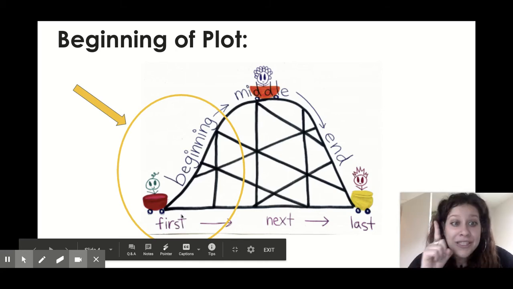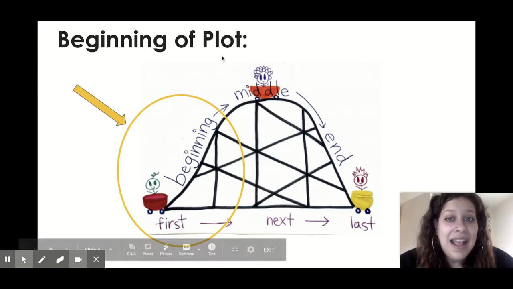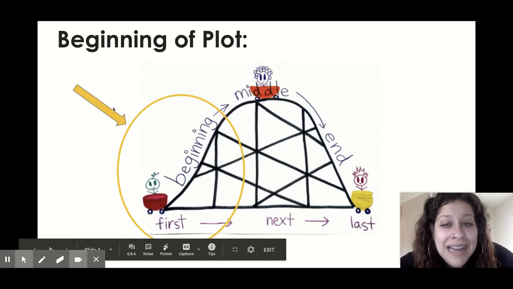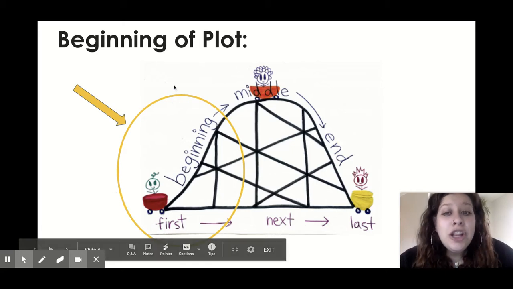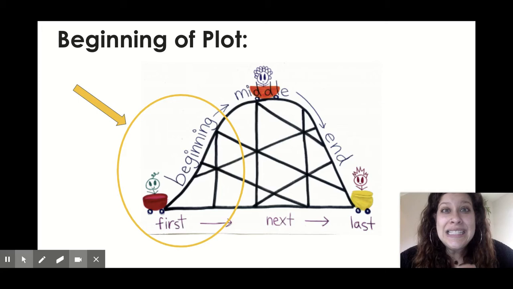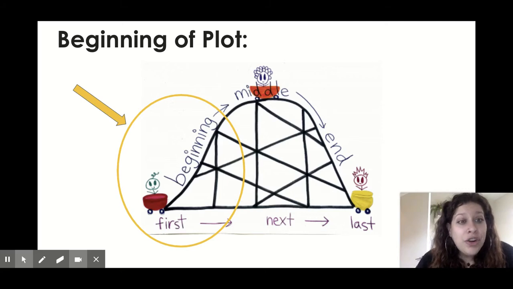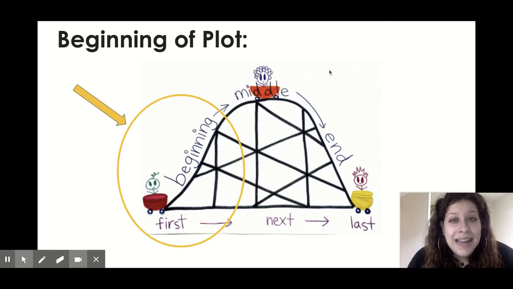They have a part that happens first, a part that happens next, and then the part that happens last at the end. And this week we are focusing on the beginning. So we learned that a beginning is where we introduce the characters, the setting, and maybe a problem. We talked about the beginning earlier, and now we're going to write our own beginning.